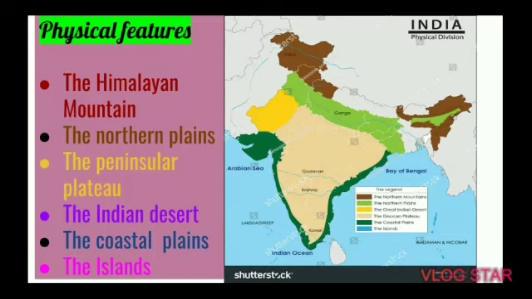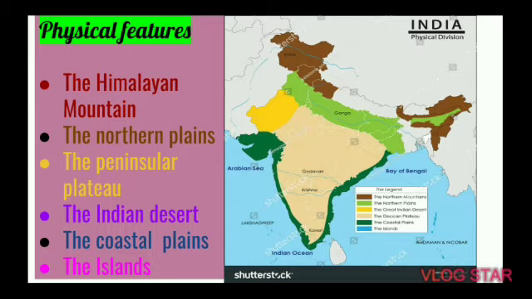First we will start from the northern mountain. Downwards of the northern mountain we have the northern plains, and below that we have the peninsular plateau or Deccan plateau, and yellow color is indicating the Thar desert. Downward of the Thar desert, the Eastern Ghats and Western Ghats, we have the coastal plains and the group of islands.